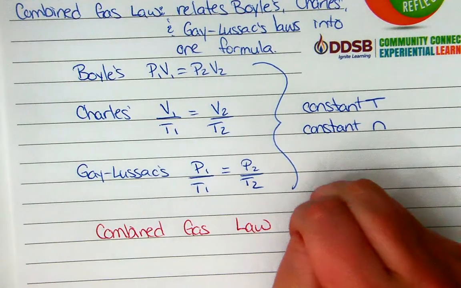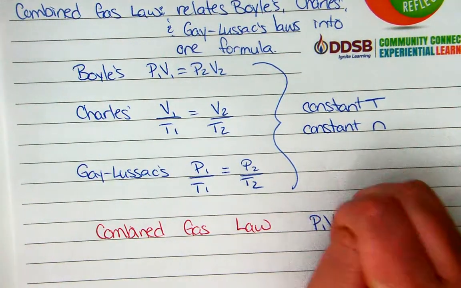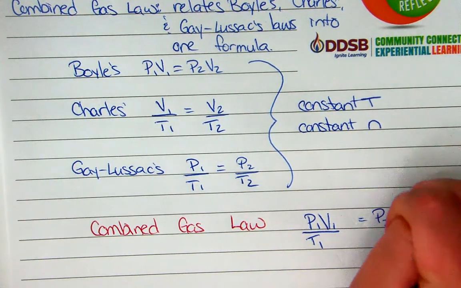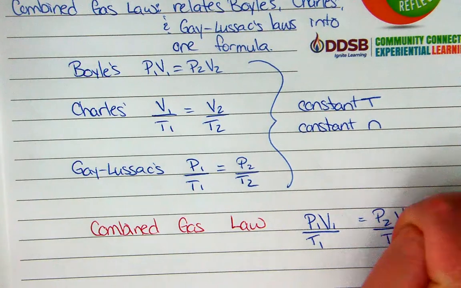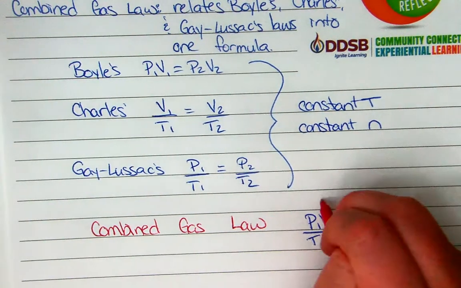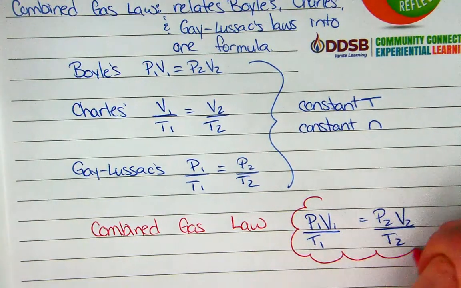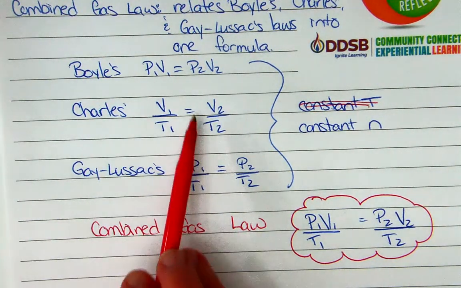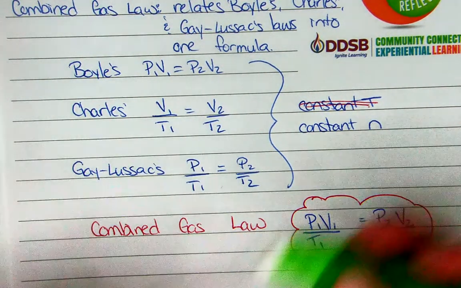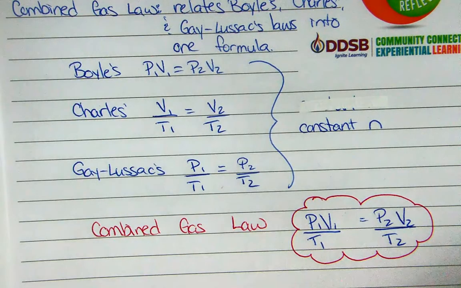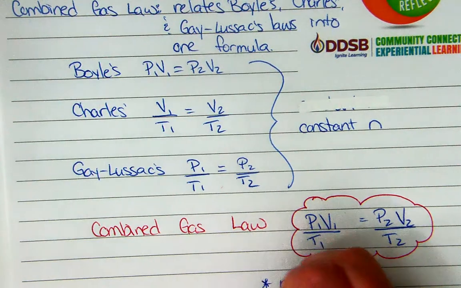Okay, the combined gas law is P1 V1 over T1 equals P2 V2 over T2. Sorry, I realized up here, constant T is not always the case since temperature is changing in 2 of them. I looked at the wrong spot on my master copy. What's constant? The number of moles.